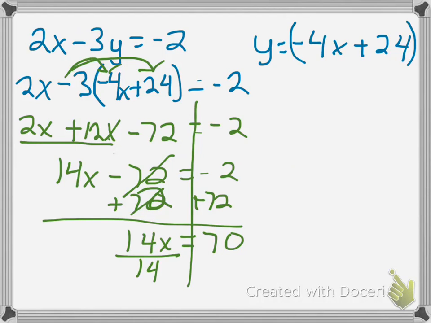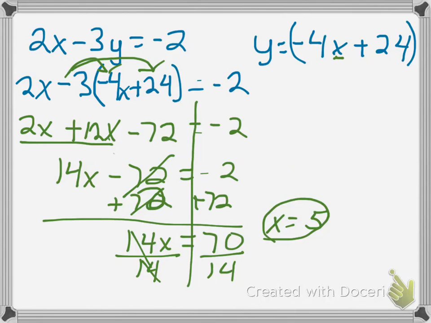Now I can divide both sides by 14. Cancel out, and you'll have x equals 70 divided by 14. I think it's 5. Now what you got to do is plug in what you got now for x.